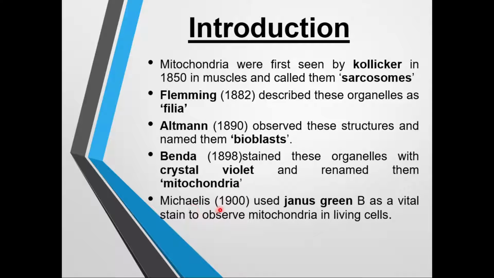Now Michaelis in 1900 used Janus green B as a vital stain to observe mitochondria in living cells. So these are all about the history and past inventions regarding mitochondria. Many MCQs are asked in competitive exams on this, so you should learn about these inventors who discovered something new about mitochondria.